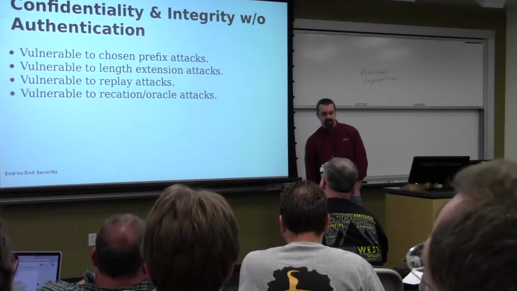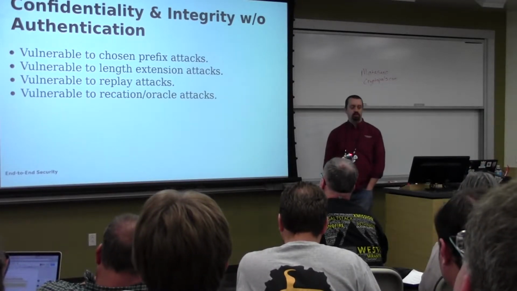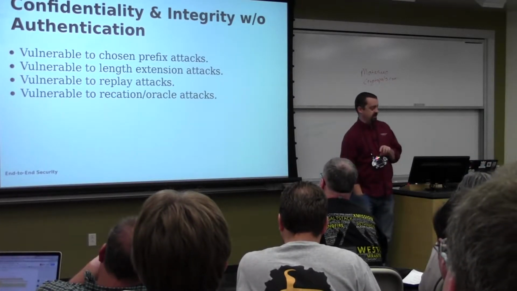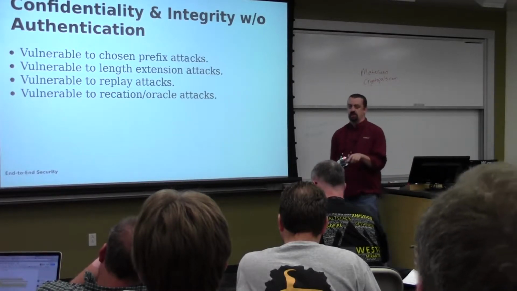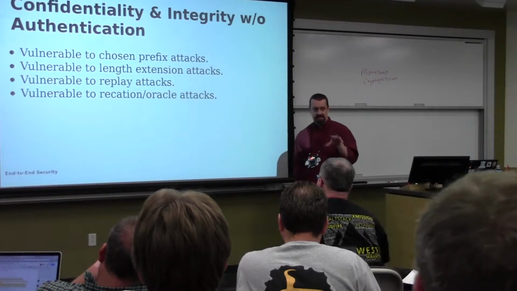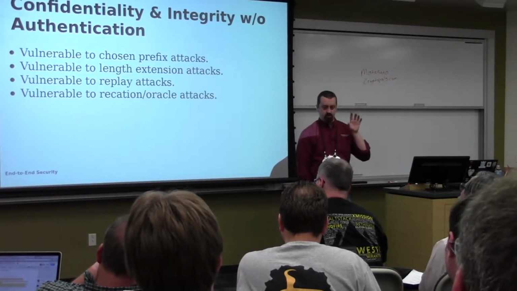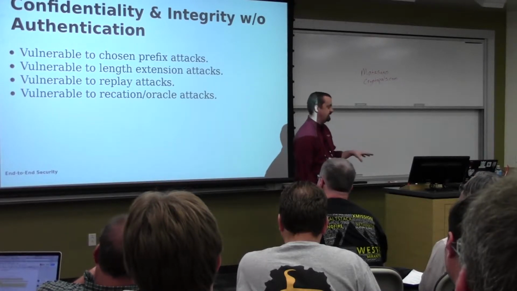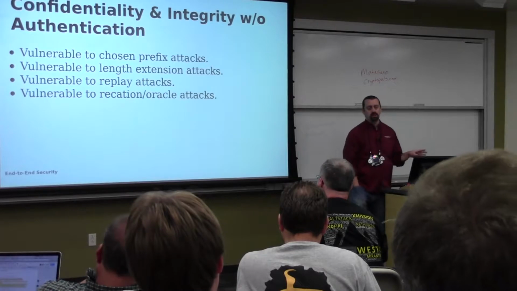So let's look at confidentiality and integrity without authentication. Remember, integrity does not provide authentication, but authentication does provide integrity. So what's the difference? Integrity says the data is as it was meant to be, right? Someone did a check on this data. You can verify the check, and it comes out clean.